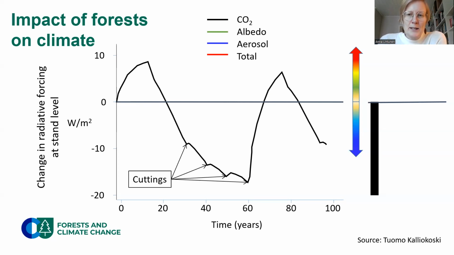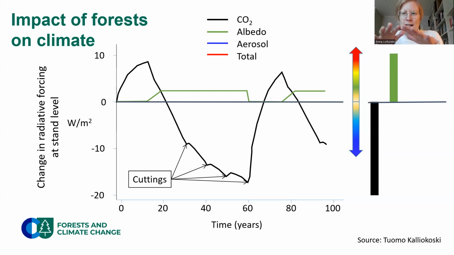Let's then look at the albedo effect. So in a young forest the surface is not very dark. And this is why the albedo effect is small in a very young forest. But after the canopy closes, meaning that the canopies grow, it becomes darker, and after that, it has a warming impact.